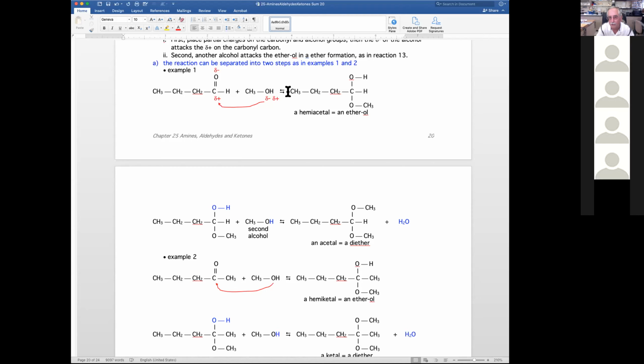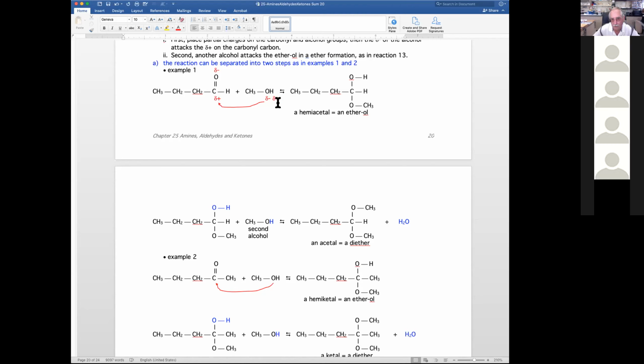And when you do organic mechanisms, it's all based upon Lewis acid-base theory. Instead of Bronsted-Lowry theory, where it's the hydrogen doing the attacking, in Lewis acid-base theory, it's always the electron pairs doing the attacking. And the electron pairs are always going to attack something that's partial positive.